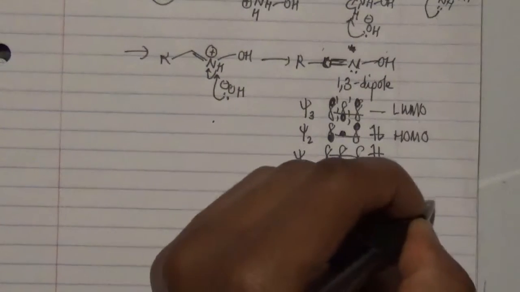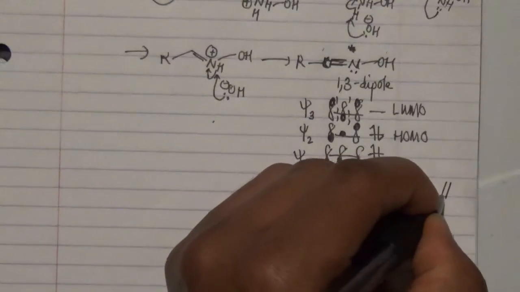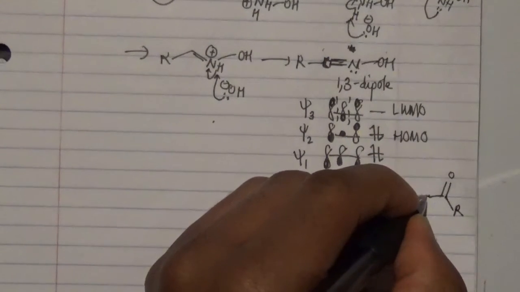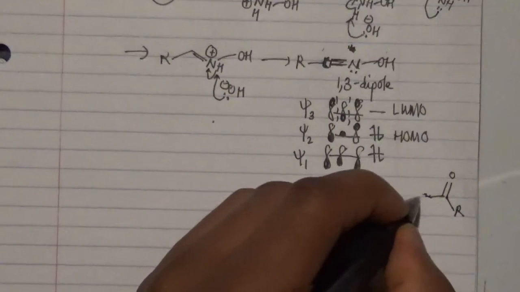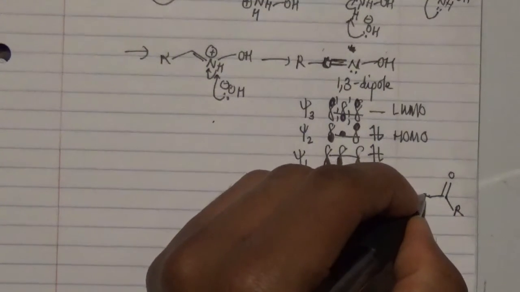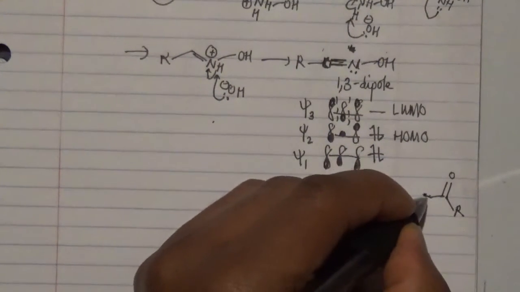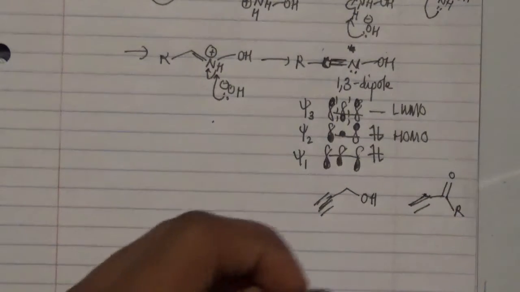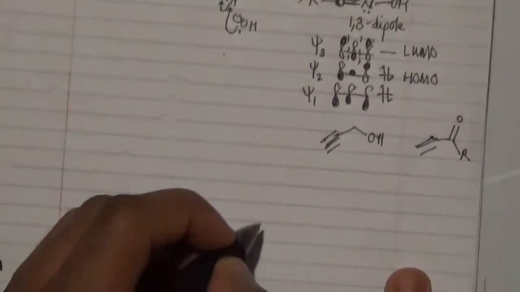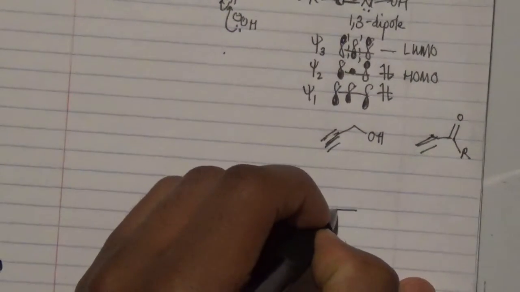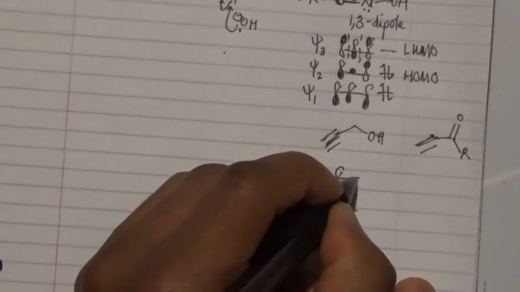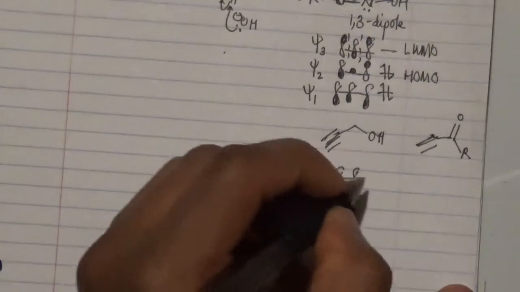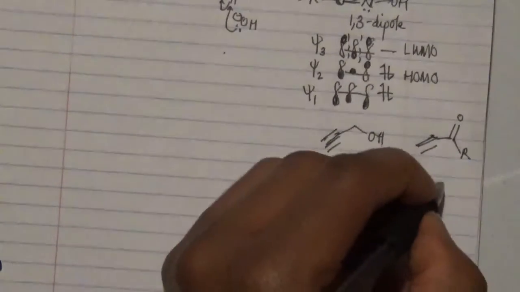Either we have an electron donating group or an electron withdrawing group here, just as an example, attached to carbon, and let's make this a triple bond as well. So here we're going to have a choice of making this either the HOMO or the LUMO.